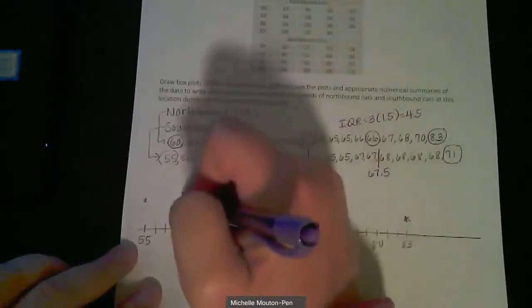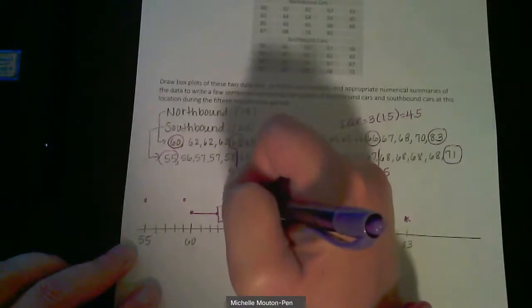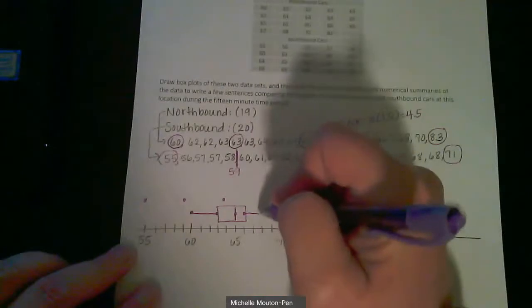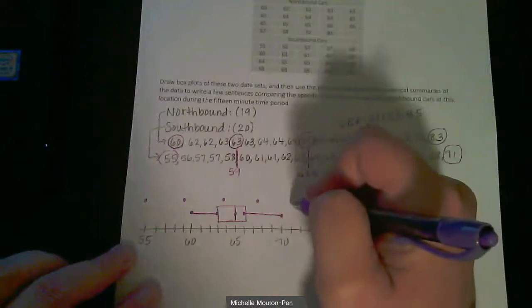Then for southbound traffic, I've got 55, 59, and then 63.5, and then 67.5, and then 71.